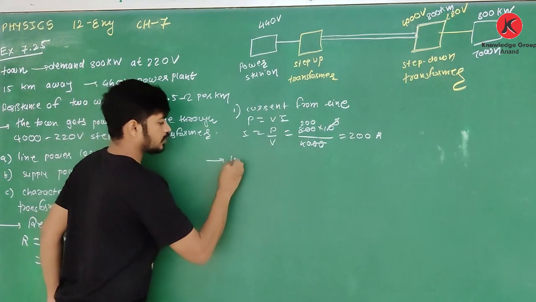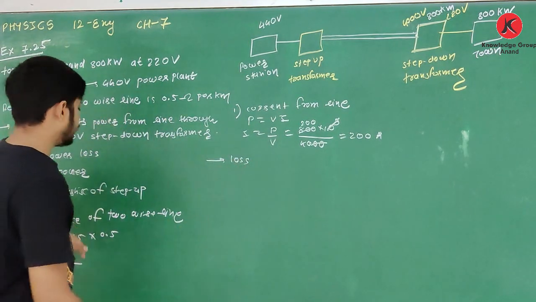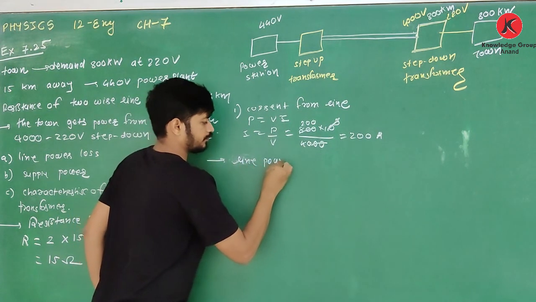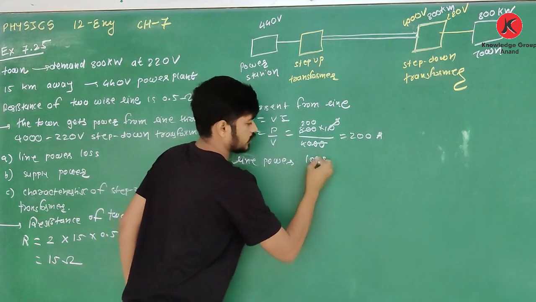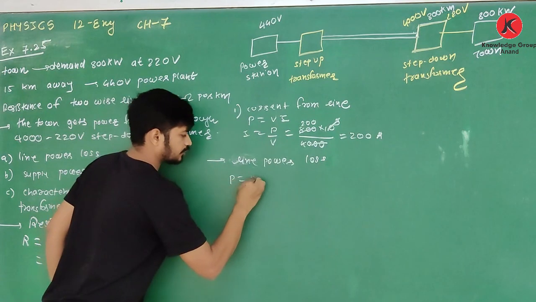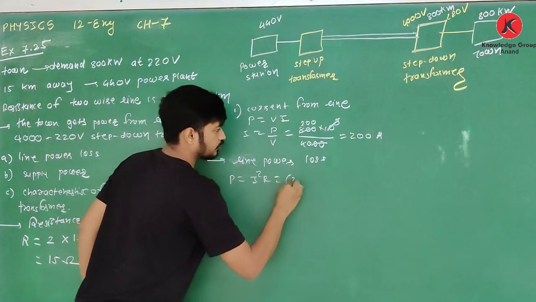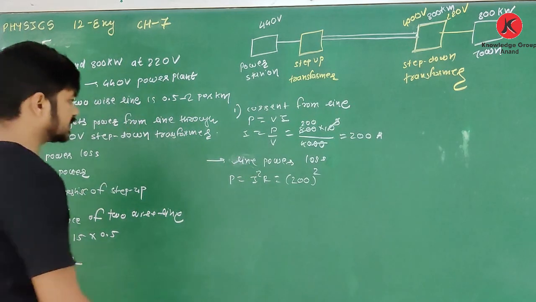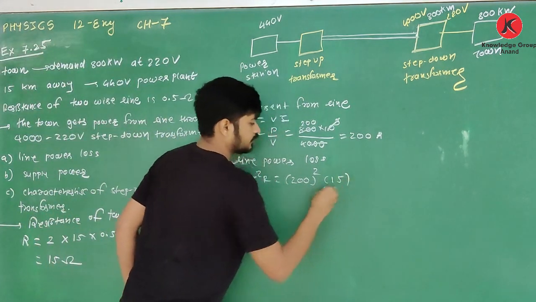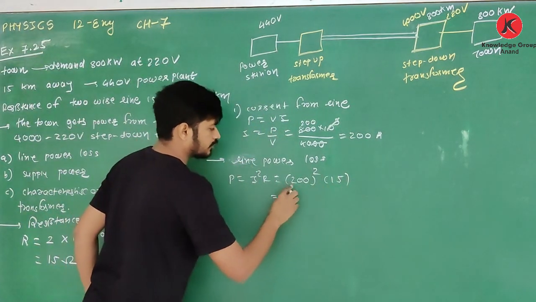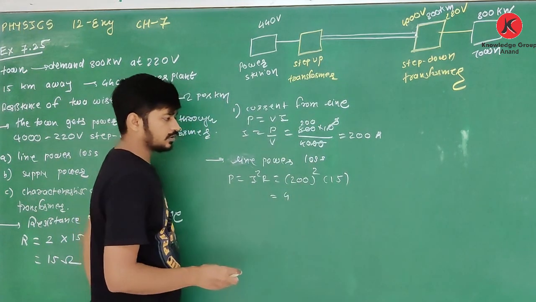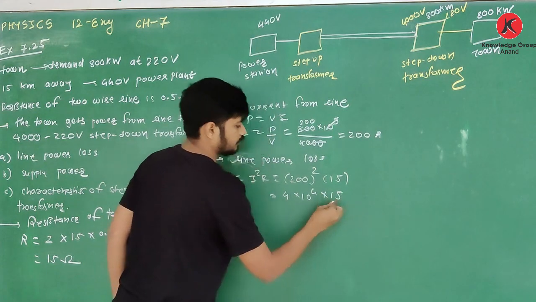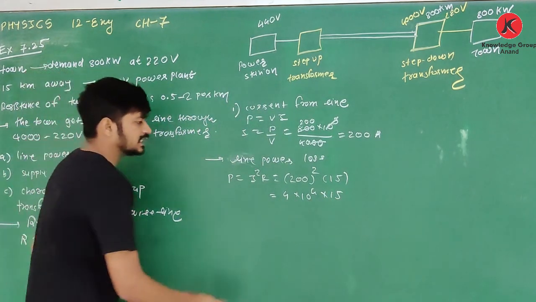Now the line power loss. P is equal to I square R. I square is 200 square, and the value of resistance is 15. So 200 square means 2 square, which is 4, into 10 raised to 4, into 15. 15 into 4 is 60.